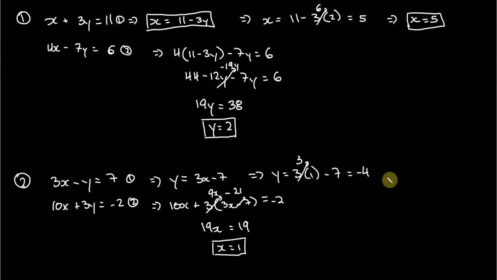So therefore y equals negative 4. And therefore one should note that at x equals 1 and y equals negative 4, that is the precise point of intersection of these two lines.